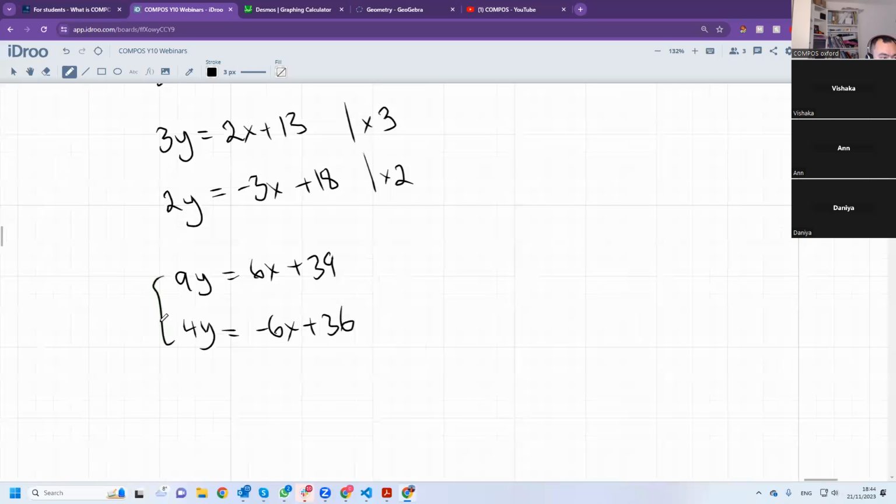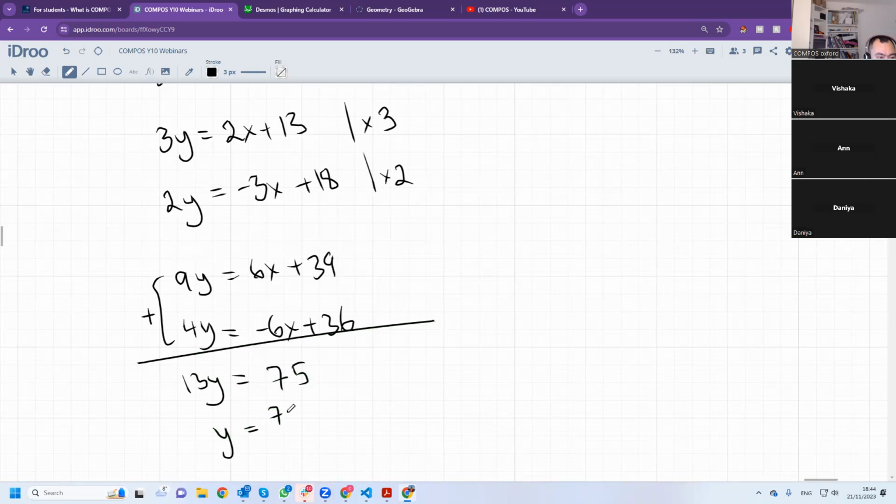Now I add them together, and I get 13y equals 75. Y is 75 13ths.